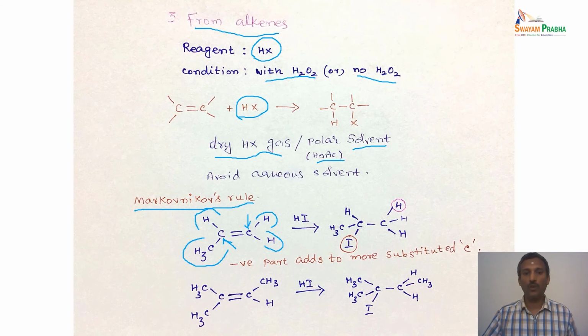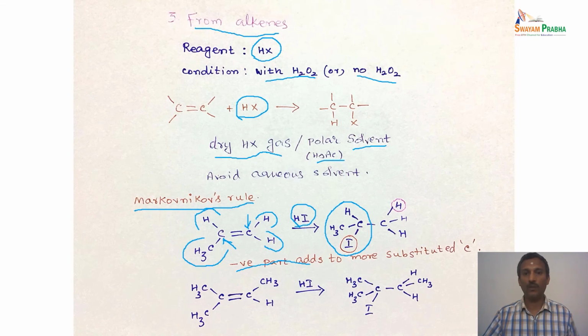Markovnikov identified this first and then he proposed the Markovnikov rule. According to this rule, whenever HX is added across an unsymmetrical alkene, the negative part, which is the iodide, adds to the most substituted carbon, that is the most branched carbon, and the hydrogen adds to the other carbon.